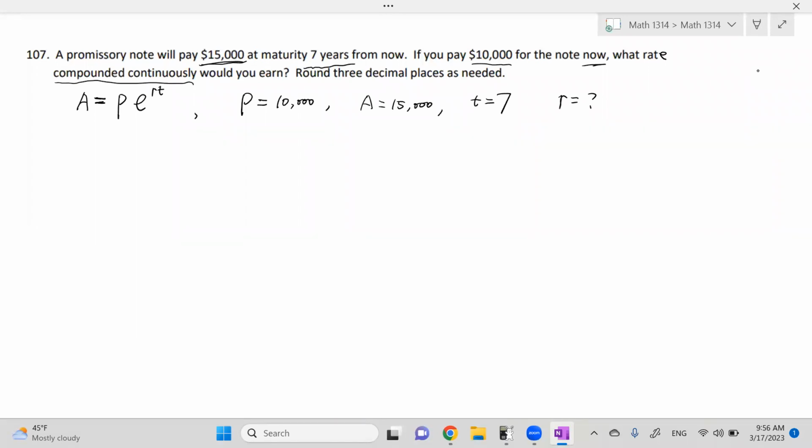So we put all the information in the formula. We have 15,000 equals 10,000 multiplied by e to the rt. r is unknown, but I know t. r times 7. So I'm solving for r. I can divide by 10,000 on both sides.